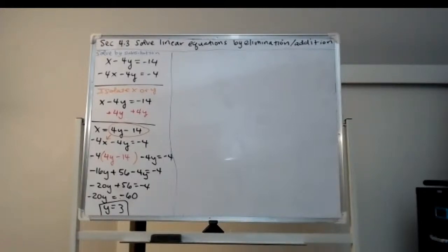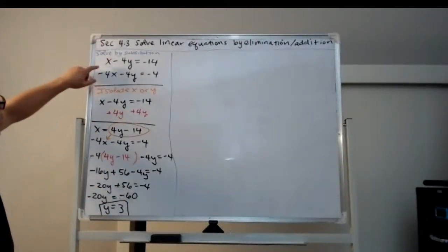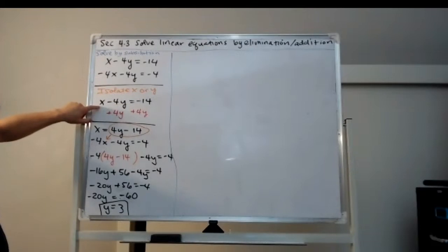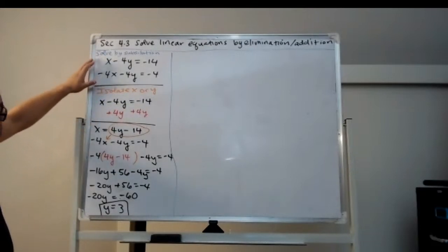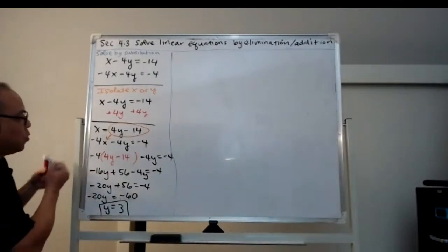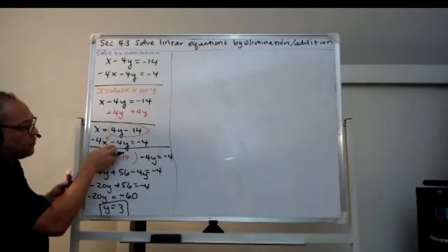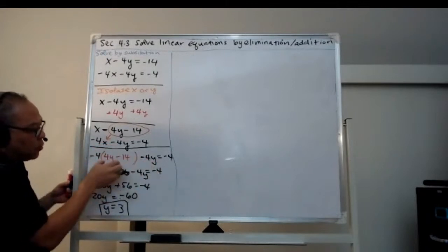So let's remember what the goal of substitution is. Our goal was to isolate one of these and then plug it into the other line. The reason why is once we did the actual substitution, over here I have 2 variables and over here I have only 1.